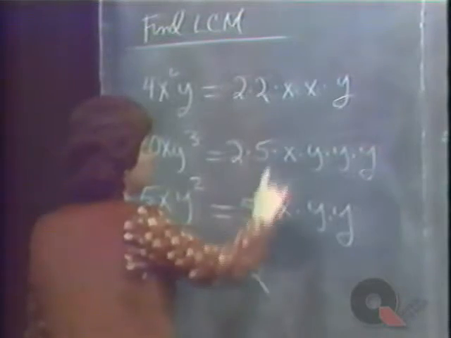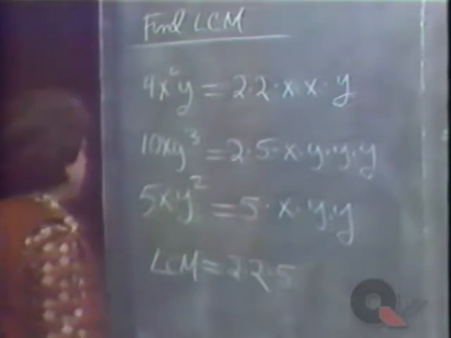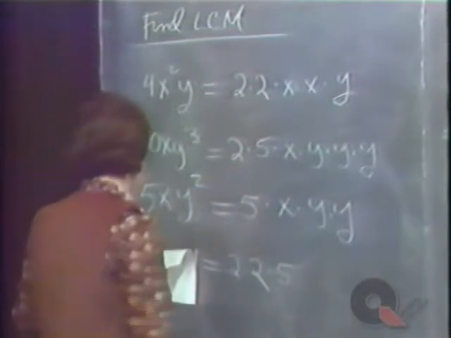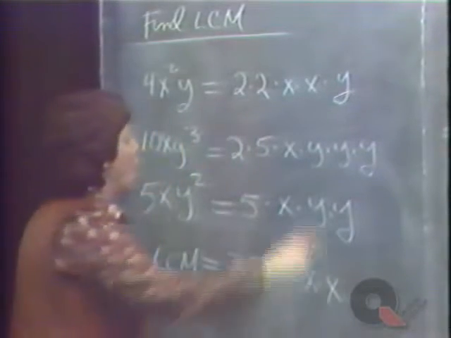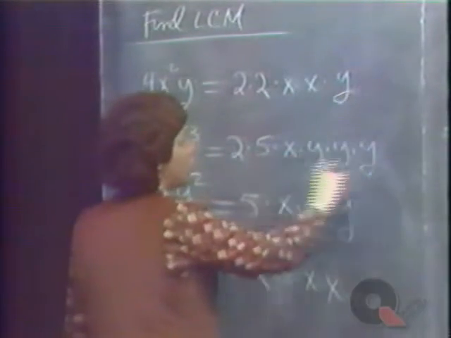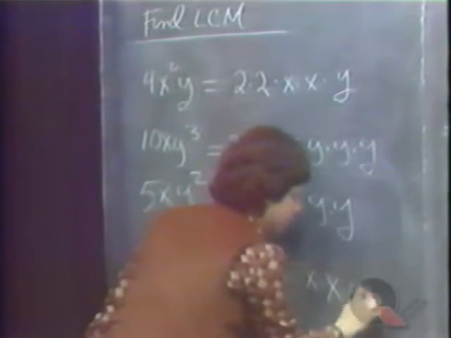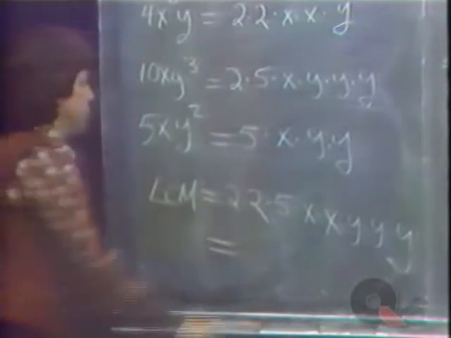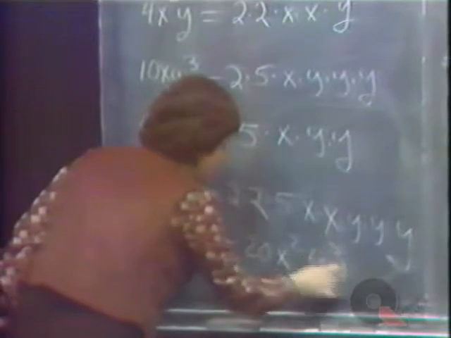No 5's, 1 5, 1 5, we'll take 5 once. 2 x's, 1 x, 1 x, so we will take x twice. 1 y, 3 y's, 2 y's, we will have to take y 3 times. So the least common multiple would be 4 times 5, 20, x squared, y cubed.